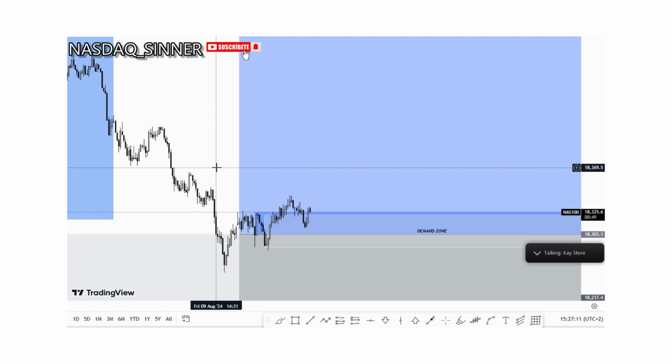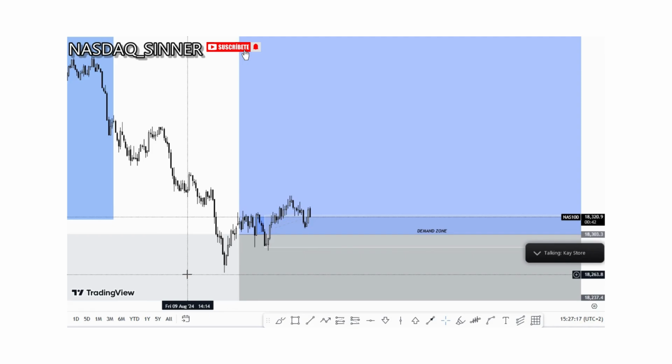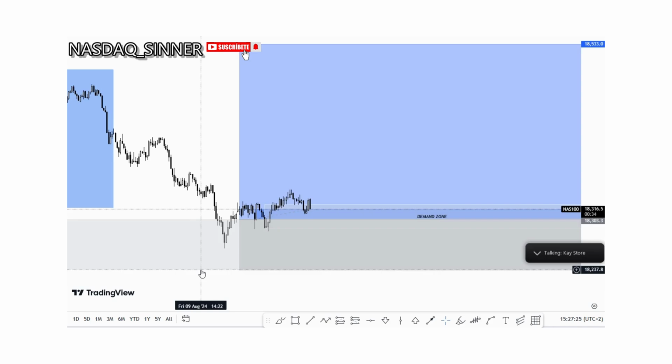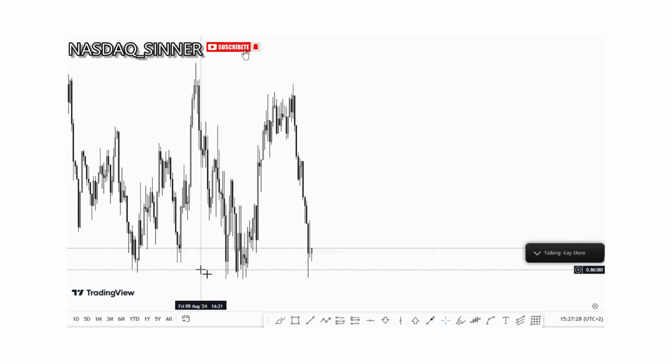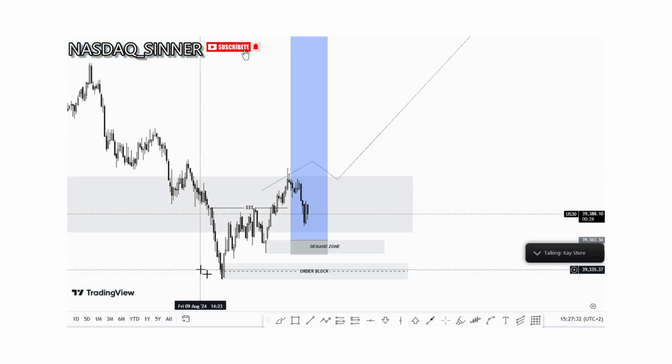Our SL has to be over here, 18 points. So let me see NASDAQ USDT first, then I'm gonna update everybody.